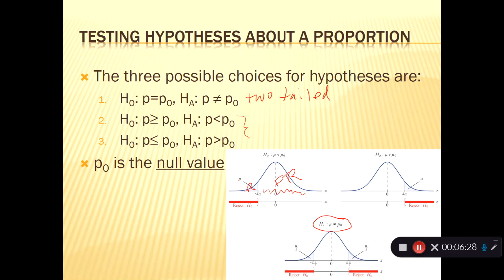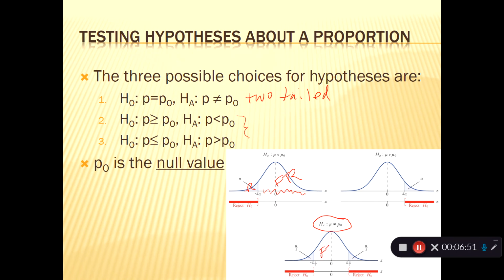Now, an equivalent to looking at the z and comparing it to the z alpha, either bigger than or less than, is to compare the probability to the alpha. If my probability is less than alpha, I'm inside this region. If the probability is bigger than alpha, I'm over here. So the same is true if I'm two-tailed. I'll have two critical z's, one on each side.